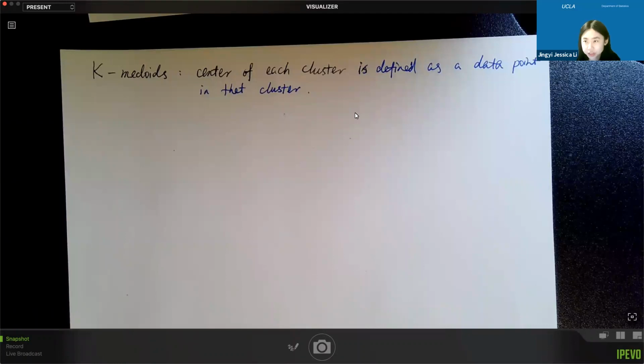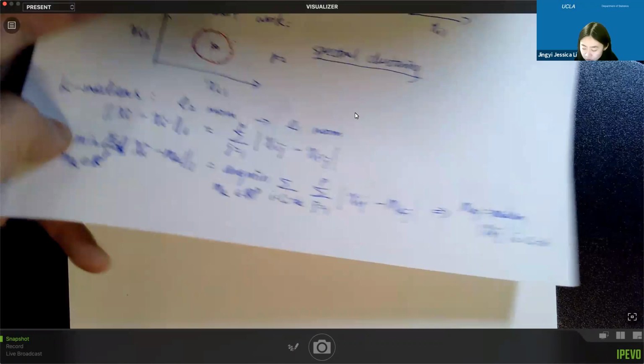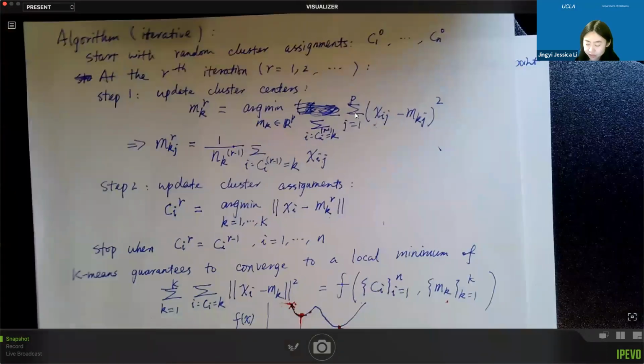It's still an iterative algorithm. You still have two steps. The only difference is in the center updating step. Let's say in the cluster you have 10 points. You want to pick one of the 10 points as the center so that its distance to the other points is minimized. So that's just the change. In other words, you can think of it as adding a constraint to this updating step.